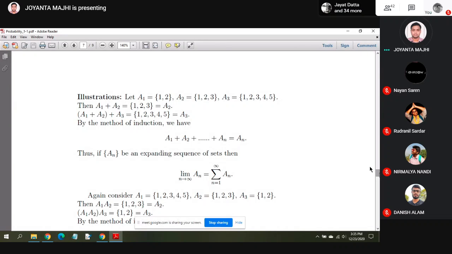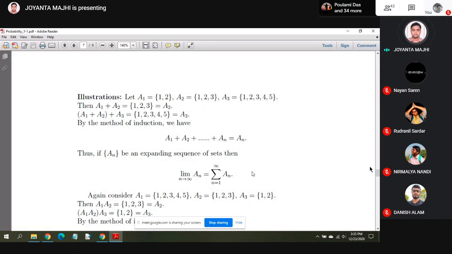That is, A1 union A2 is equal to A2. This means that A1 is totally contained in A2. Similarly, A1 union A2 union A3 is equal to A3.